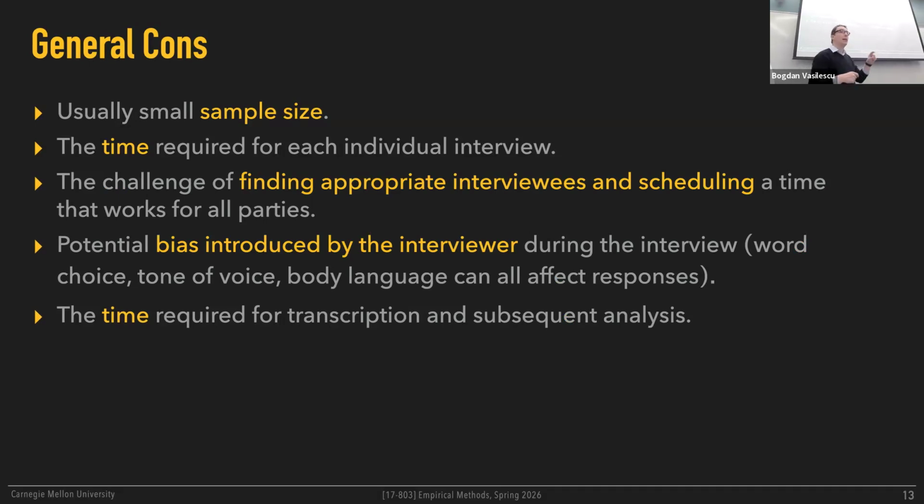So interviews are a data collection method. You do interviews to collect data. Usually that means you obtain a transcript of the conversation you've had, of the interview. That transcript you then transcribe, so you convert to text.